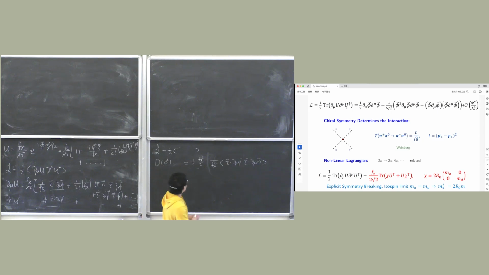Okay, now how to do the trace? So tau is just the Pauli matrix, and we know that the Pauli matrix has some properties. For example, we know that the trace of tau i should equal to 0 because the Pauli matrix is traceless, and also trace of tau i tau j equals 2 delta ij.